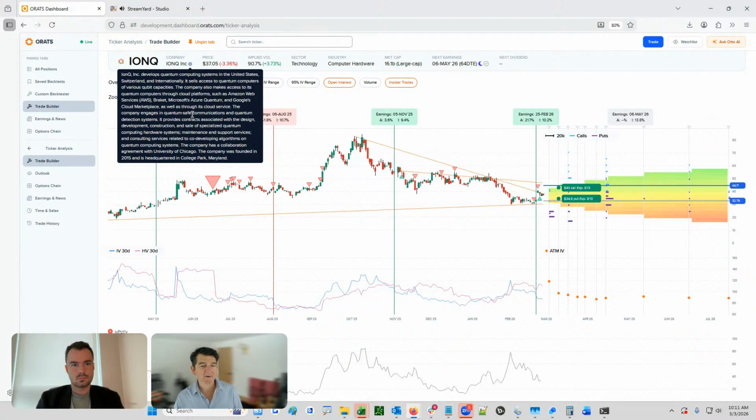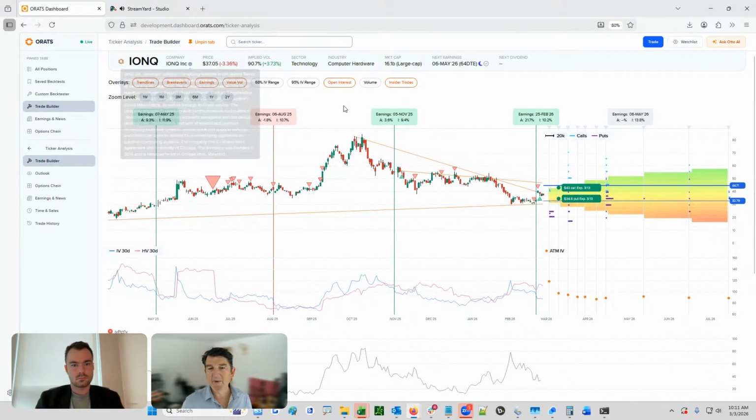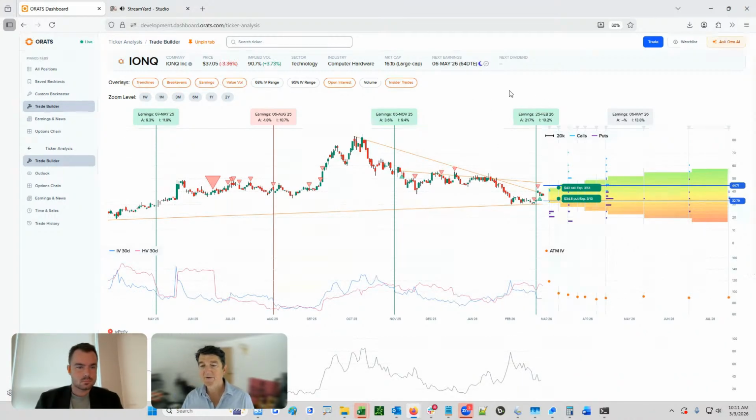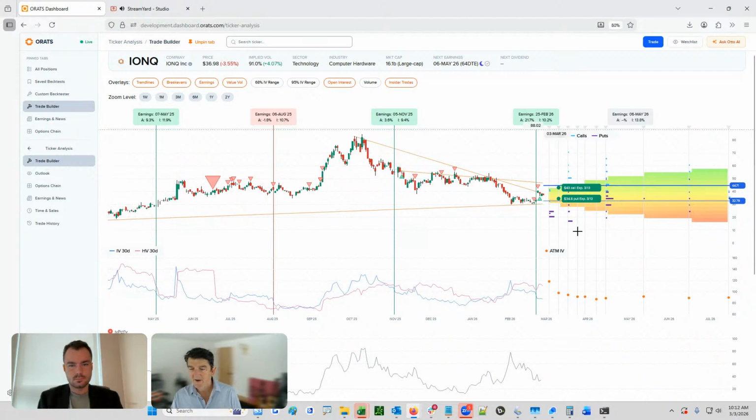So this might be something where we might get some more volatility. Volatility is not that high in this particular stock, which is interesting because almost everything else is high. We could view what the percentile is; it was higher and it came down. It had earnings not too long ago, and now it's kind of in between earnings.